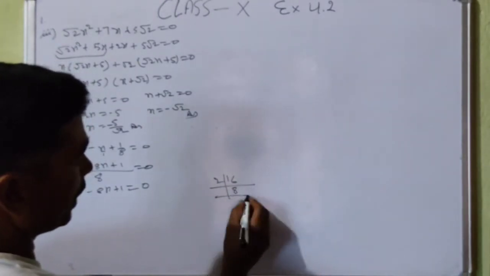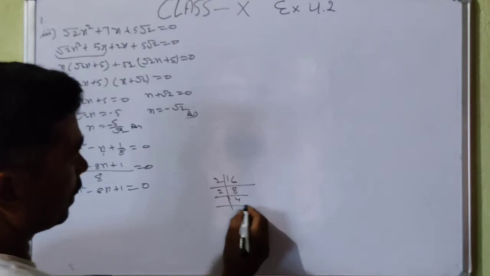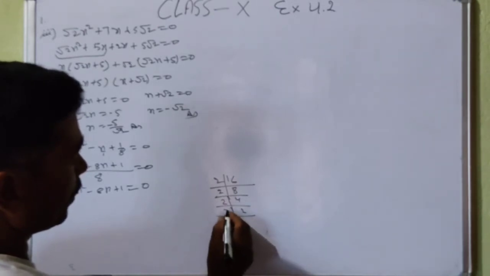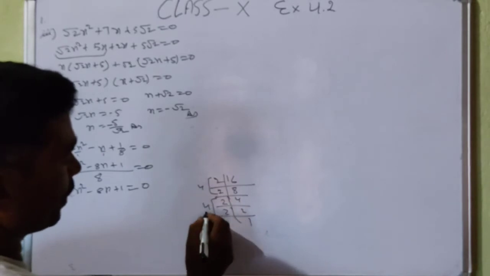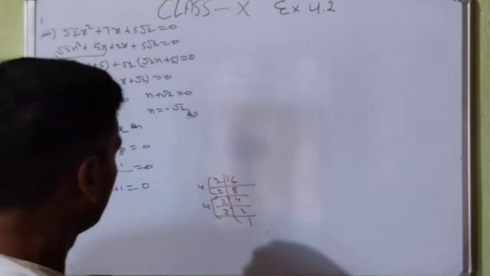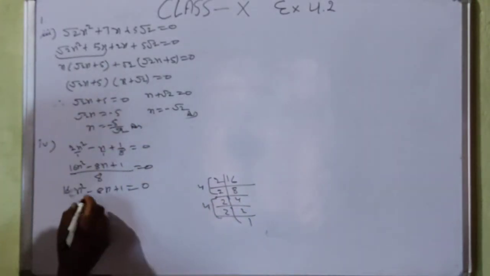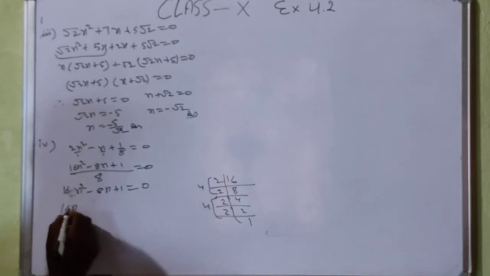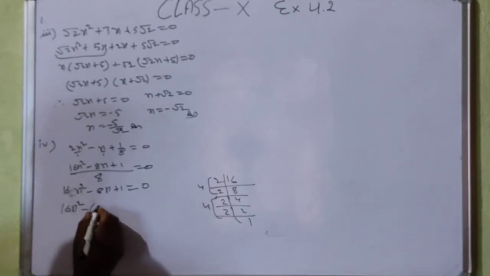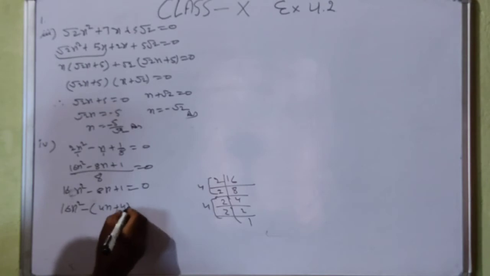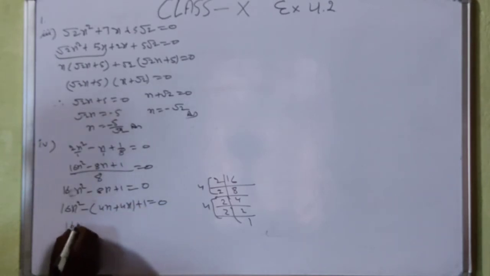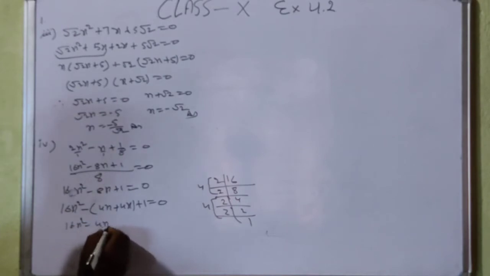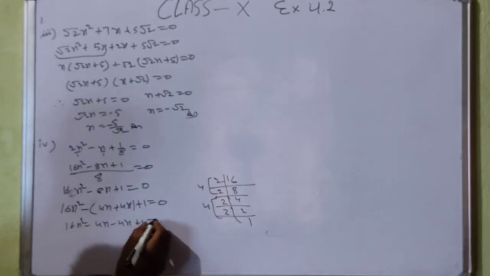2 eights are 16, 2 fours are 8, 2 twos are 4, 2 ones are 2. Here is the 4 factor, so we can take like this, 4 and 4, 4 plus 4 is 8. So 16x square minus 4x minus 4x plus 1 is equal to 0.